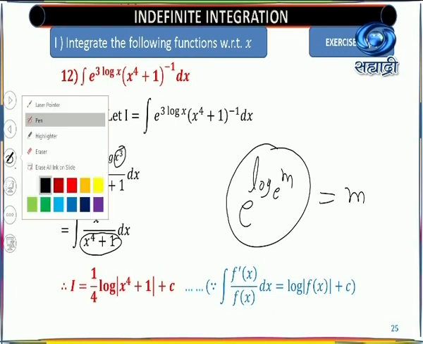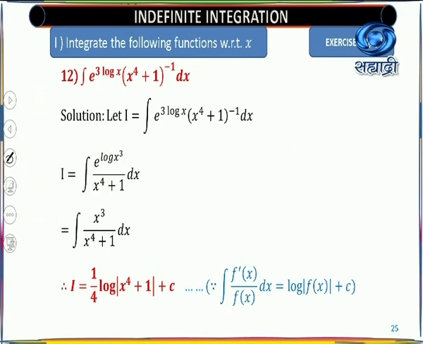So the formula says that this is f dash x, but this is not actually f dash x. You are having 1 upon 4. So you are able to write this as 1 upon 4 integral 4x cube upon x raised to 4 plus 1 dx.